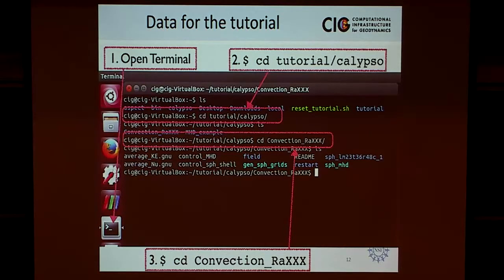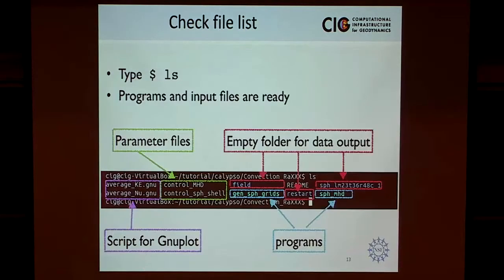Okay, let's go to the next. And so all the stuff in this directory. There are 2 files for the data analysis using gnuplot, with a gnu extension, and there are 2 parameter files for Calypso, and there are 3 empty folders.